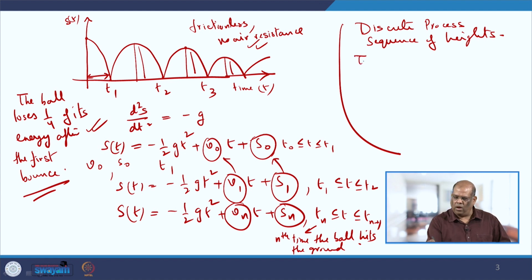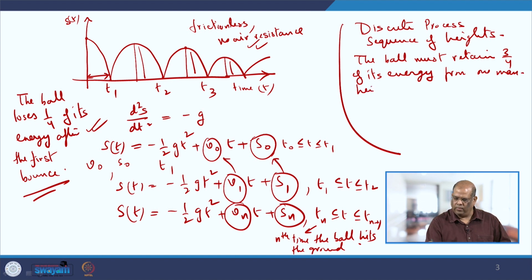So, the ball must retain 3/4 of its energy from one maximum height to the next maximum height.